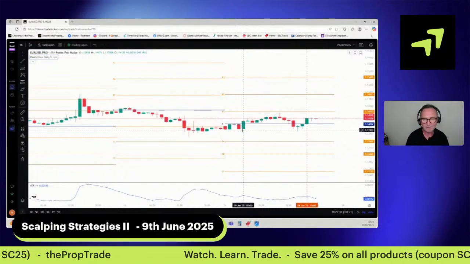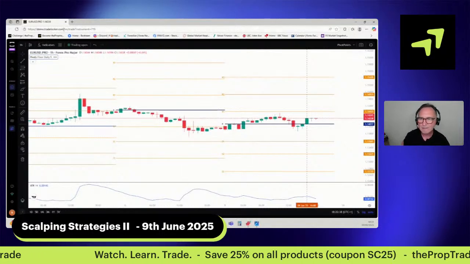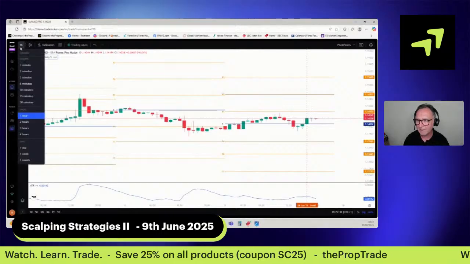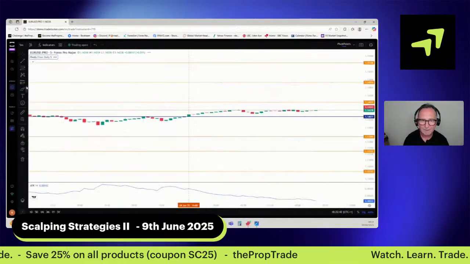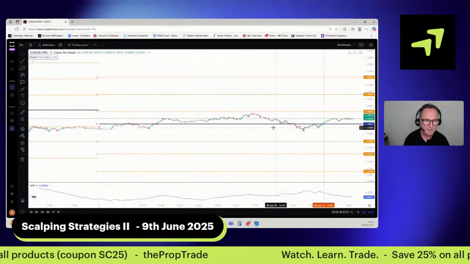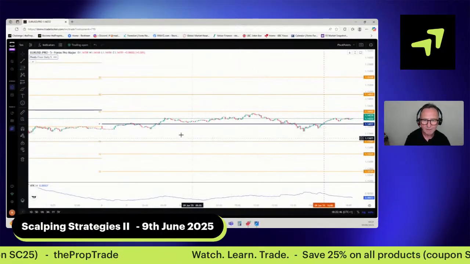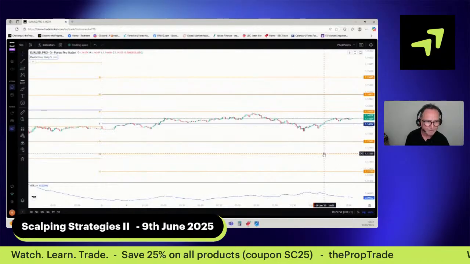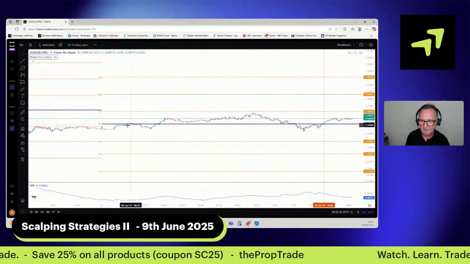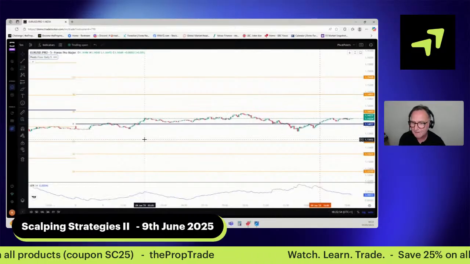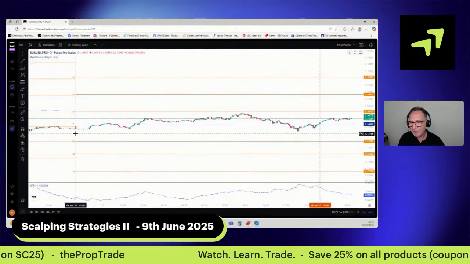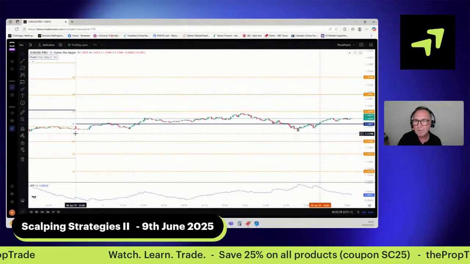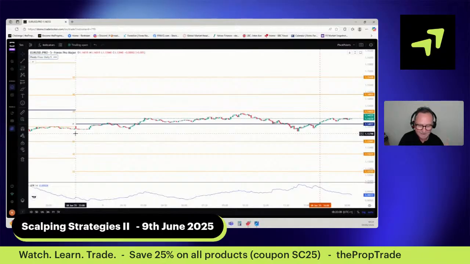So hopefully that makes sense. This is the hourly time frame. If we draw this into the 5 minute, and we'll come back to this in a minute, you can see there's the beginning of today. This is the 5 minute time frame. You can see there have not been that many opportunities on the euro for this pivot point strategy to play out today. We'll come back to this in a minute.